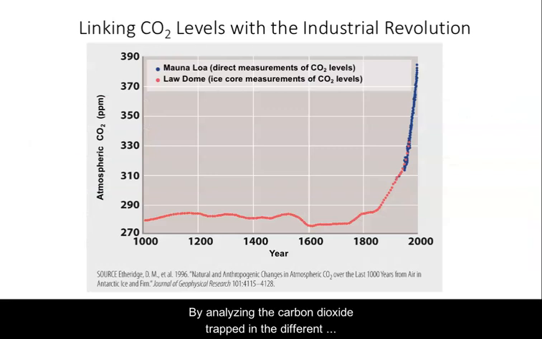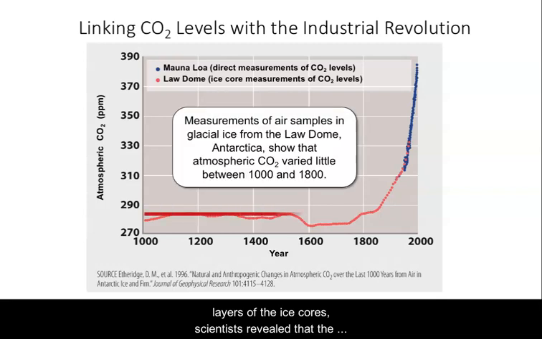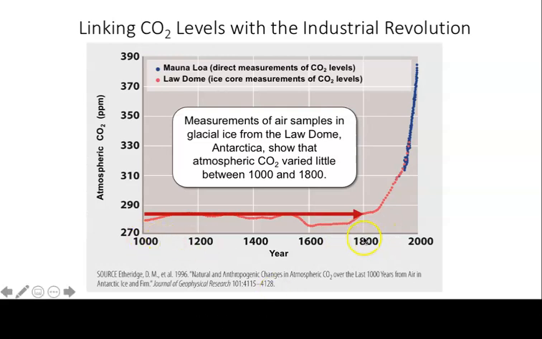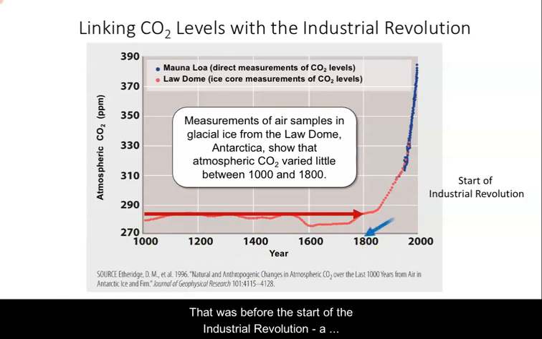By analyzing the carbon dioxide trapped in the different layers of the ice cores, scientists revealed that the atmospheric carbon dioxide levels remained fairly constant between the years 1000 and 1800. But that was before the start of the Industrial Revolution, a period of time that saw a massive increase in the burning of fossil fuels.